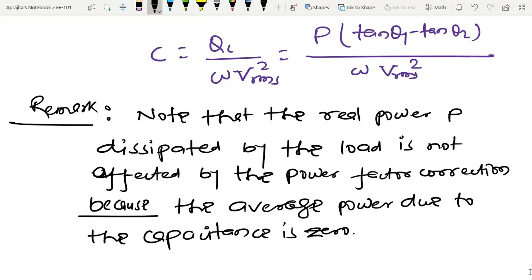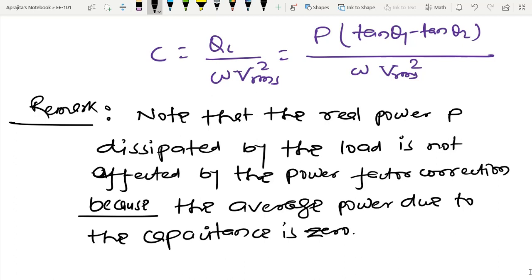So what we have observed in this part of the course, related to power analysis, because power is one of the most important quantities which we deal with in industry, or whenever something is supplied to our home. Due to that reason, we have to understand the different notions, how power factors affect our bill.